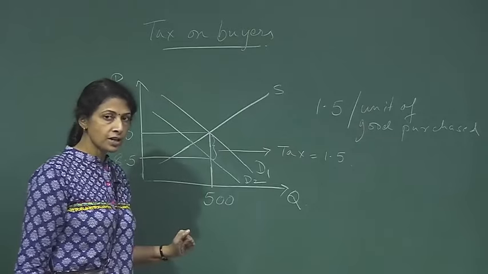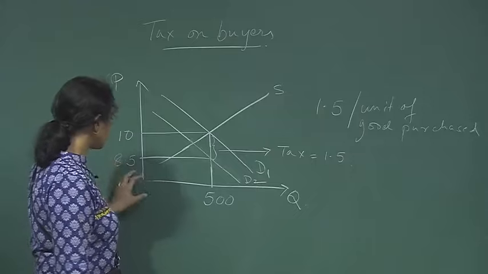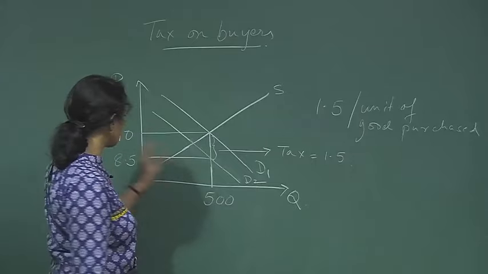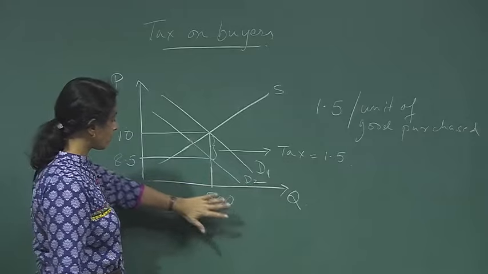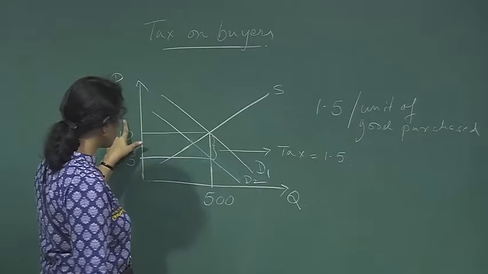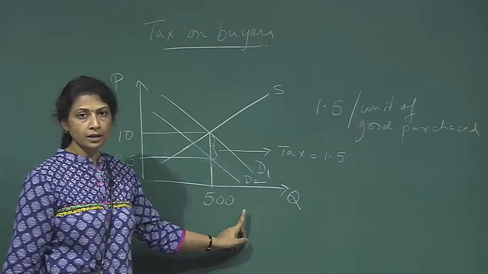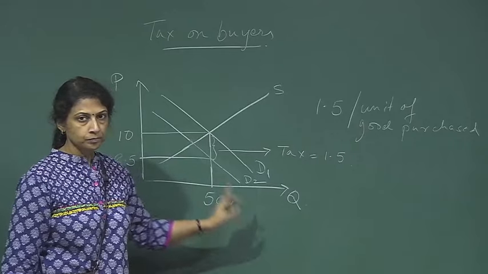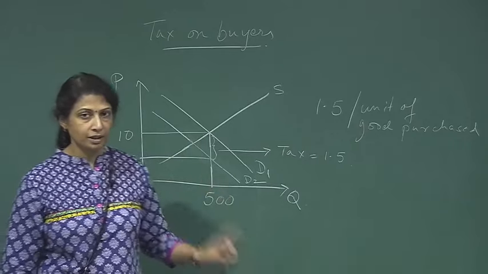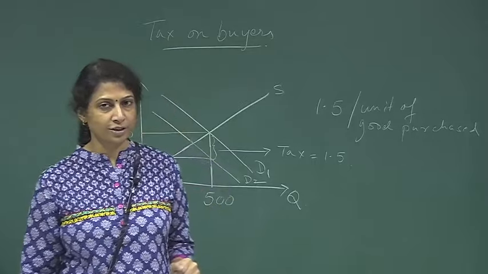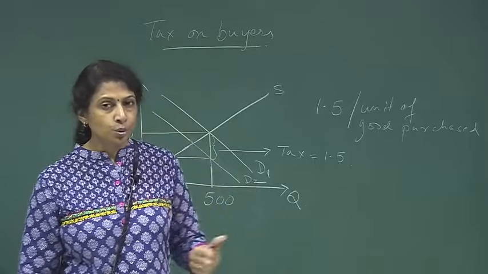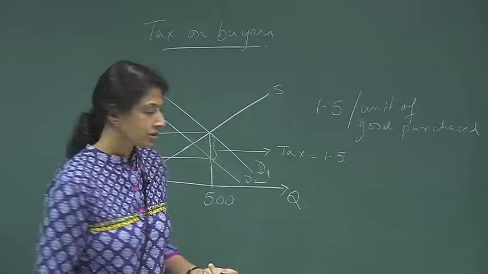If the price fell to 8.5, then paying 8.5 to the producer and 1.5 to the government, the buyer would be happy to shell out 10 rupees and still continue to buy 500 units. But that is not happening, because the producer is not going to accept a price of 8.5 to sell 500 units.